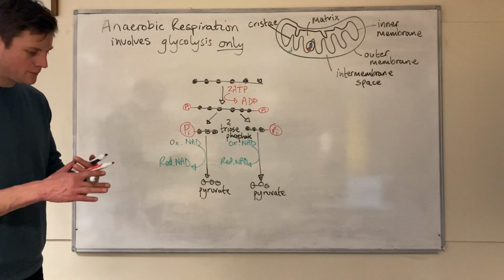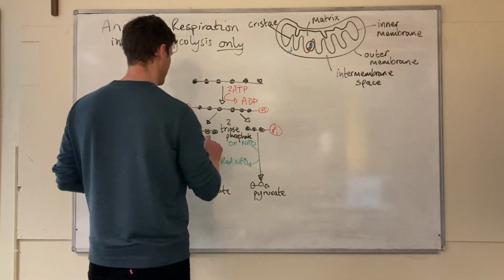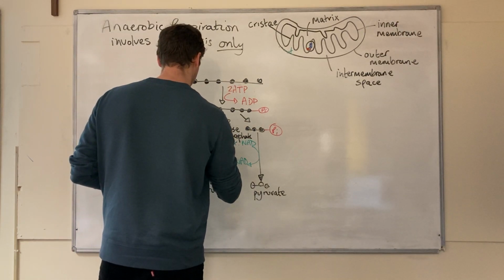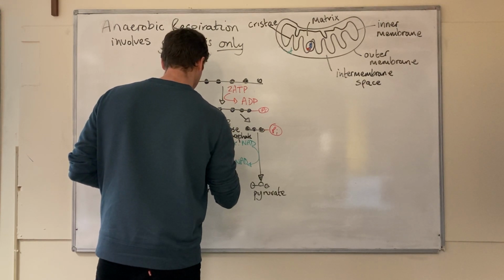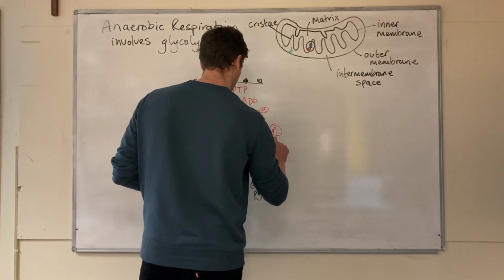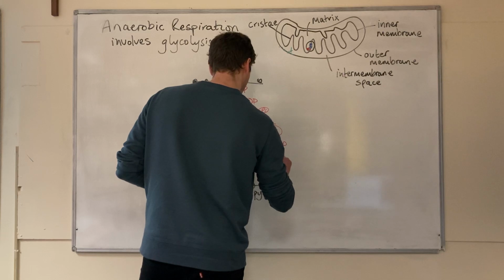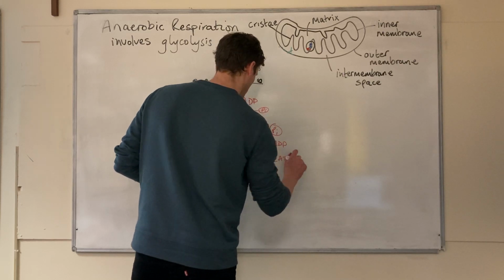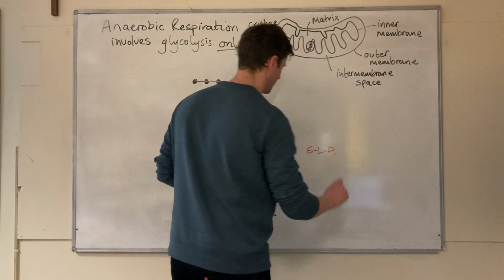Okay. At the same time, this is an oxidation, so that provides a little bit of energy for 2 ADPs to be converted into 2 ATPs. By, remember, substrate level phosphorylation.